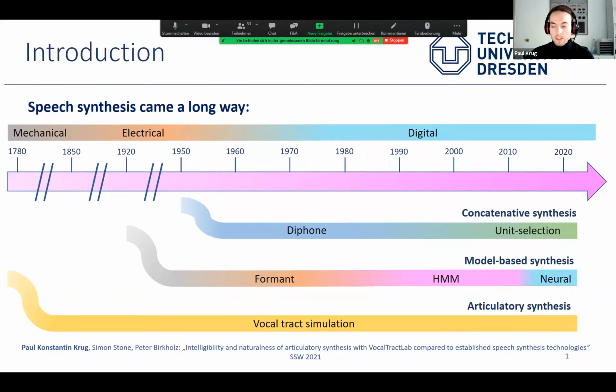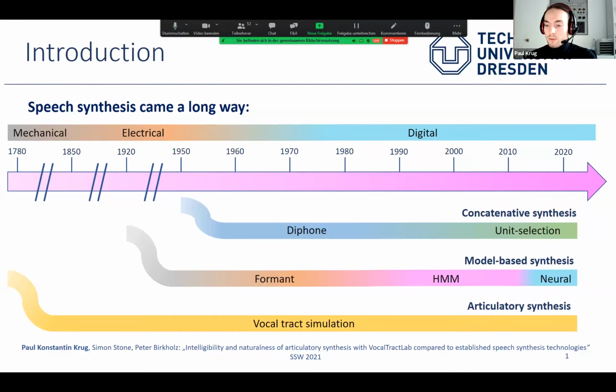However, the interesting thing is that articulatory synthesis, which is the simulation of the vocal tract, was always part of the research domain. However, it never really had commercial success. There were really very few commercial applications of articulatory synthesis, and compared to the other models, it's rather unknown, and that's even despite the fact that it has certain advantages over recent models.